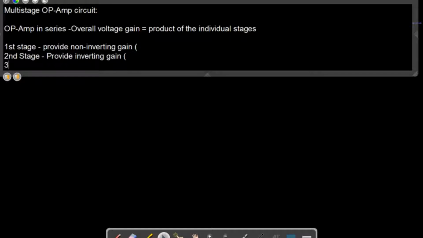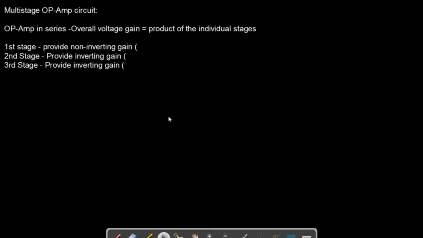Finally, let's say we have one more stage; it can be more than this, but we're just taking an example of these three. This also provides an inverting gain. In general, if you want to find the total gain, you just multiply them.